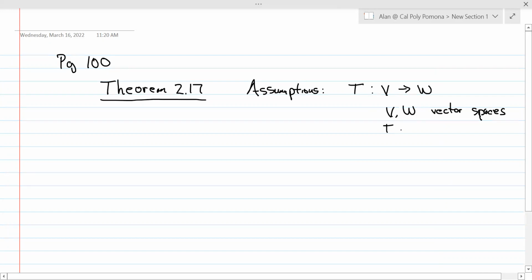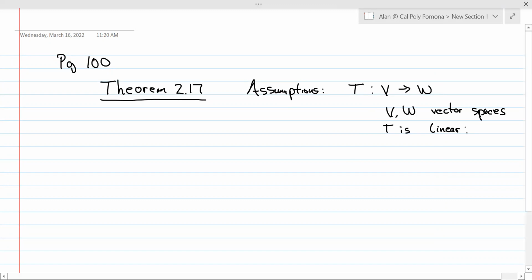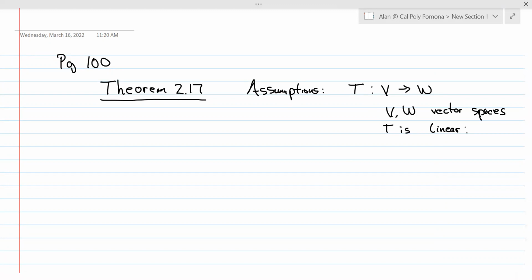And T is assumed to be linear. Now, from the previous section, T is linear, which means you can think of T as a matrix, because that's the whole point of most of this chapter: linear transformations can be represented by their matrices. So you're assuming all of this, but you're assuming something more. It's linear and invertible.